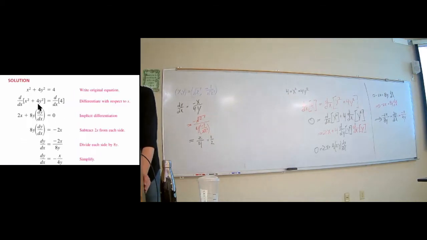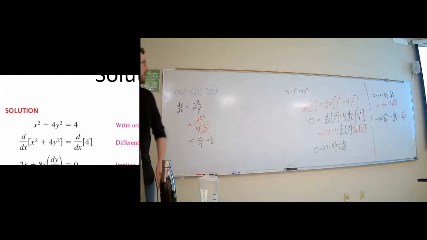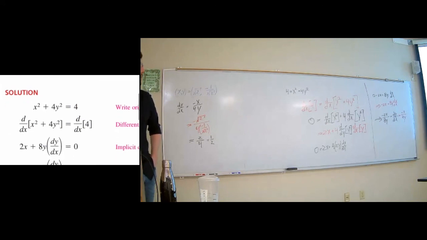Going through everything, first, rewriting our equation, x squared plus 4y squared is equal to 4. Apply the derivative to both sides. We know the derivative of a constant is going to be 0. Applying now the sum and difference rule, the constant rule, and then the chain rule, we get this.